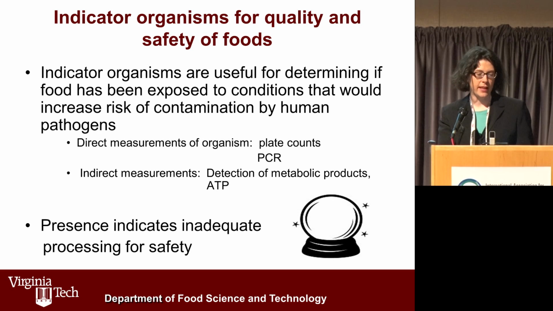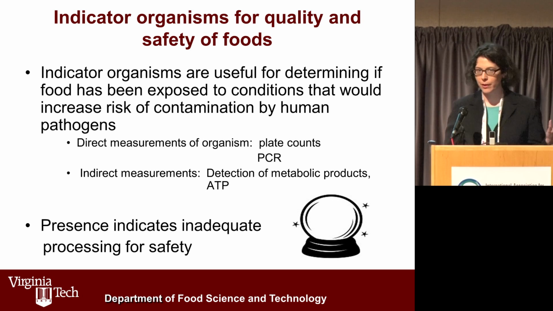And for these indicator organisms, there are lots of different ways of looking at that. There are several processes which are direct measures of an organism, and we're all microbiologists and we're used to doing plate counts, whether or not you choose to do a log transformation of those counts or report your values as colony forming units.